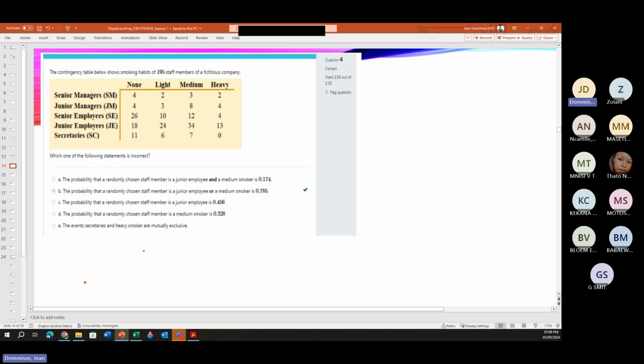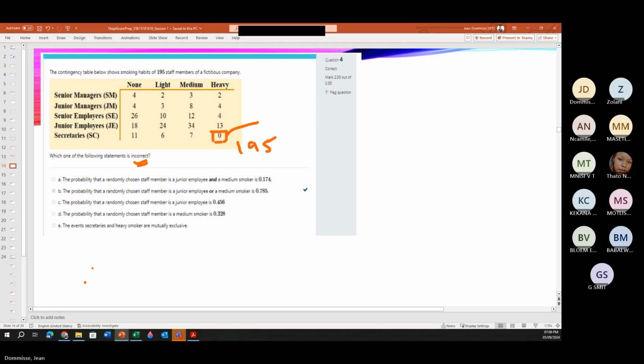So let's look at the data they give us. They tell us there's 195. The first thing I see out of this is, weirdly enough, there is a 0 here. So if I need to pick the incorrect one, the first thing I can say is heavy smokers and secretaries. So heavy smoking and secretaries is mutually exclusive.